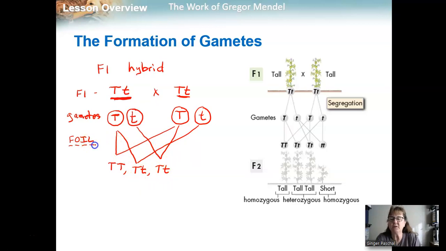And then we have last. We're going to take the last letter from each one. And now we know we have every possible combination if we crossed these 2 plants. Well, you can see that we have this plant, which is homozygous dominant.